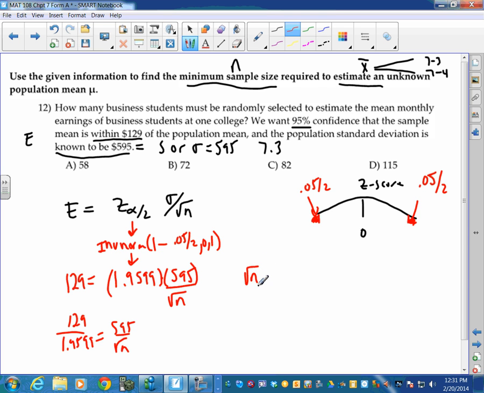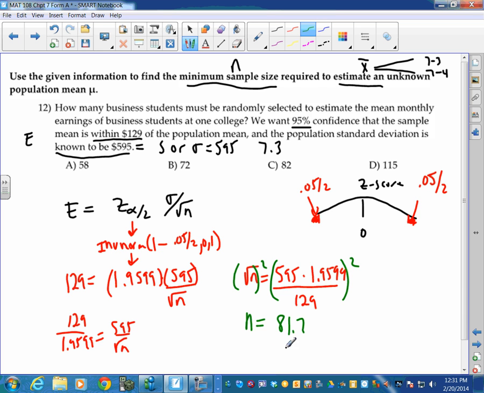So that means the square root of N equals 595 times 1.9599 all over 129. As Nate said, now you square that. So once you square that, what do you get for n? 81.7, which we have to always go to the next whole number. 82.